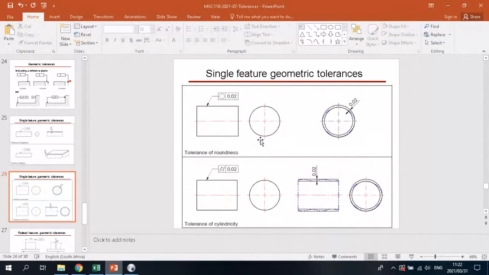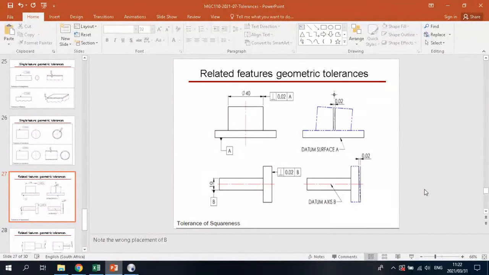Here we've got the roundness, the one that I showed you with those little brass pipes. So you can say that this surface must be round within 0.02 millimeters. So the variation in roundness must be less than 0.02. And so on. There are just a couple of examples. Perpendicularity is measured as a distance, even though it's actually an angle, and it's measured by the displacement of the perpendicular axis.